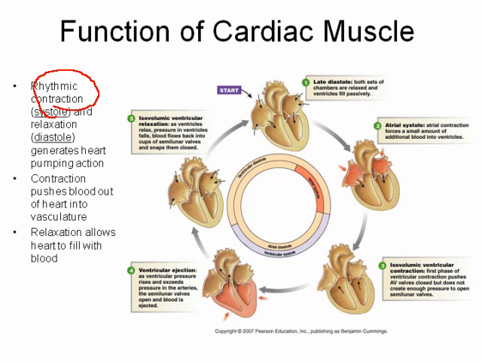So this rhythmic fluctuation between relaxation and contraction generates the pumping action of the heart. The contraction pushes blood out of the heart into the vasculature. So when the ventricles contract, it pushes blood out into either the pulmonary vasculature or the systemic vasculature. And the relaxation allows the heart muscle to fill again.